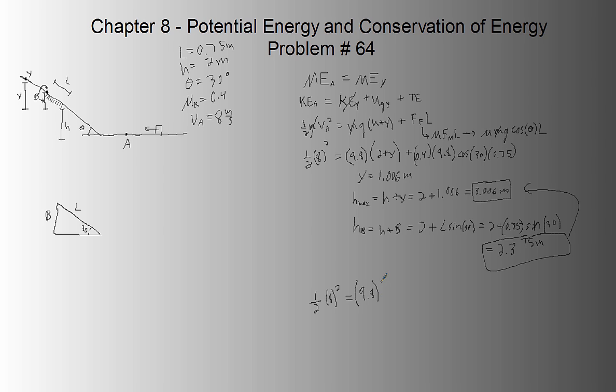Now we're going up H plus B, which we've called HB. So let's just do that. And then we're going to add the work lost to thermal energy by friction.